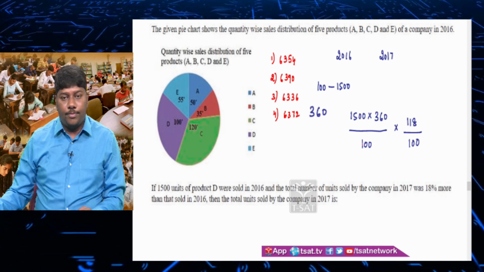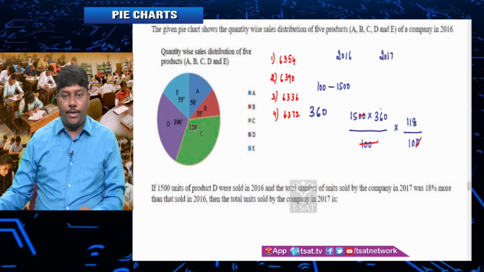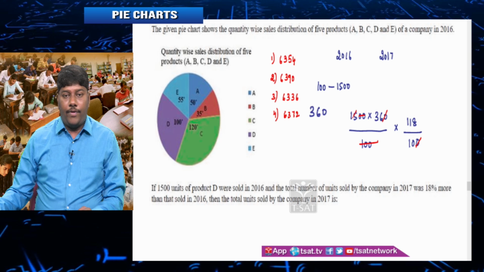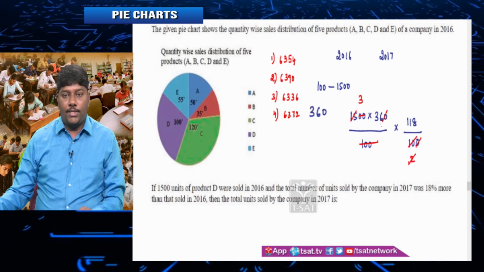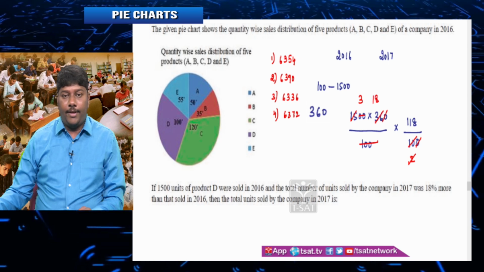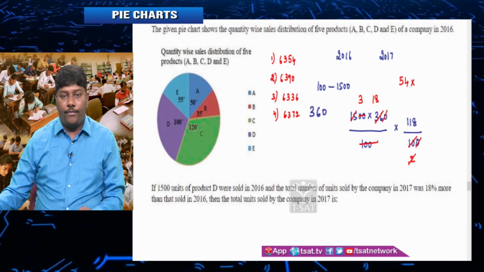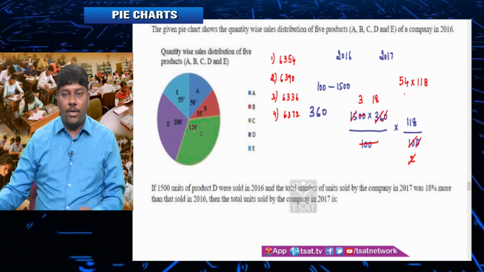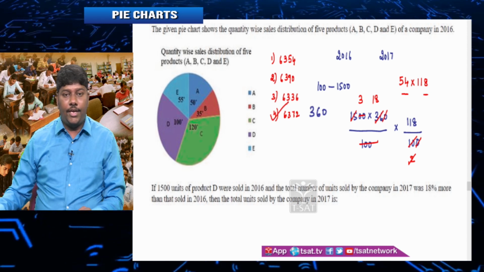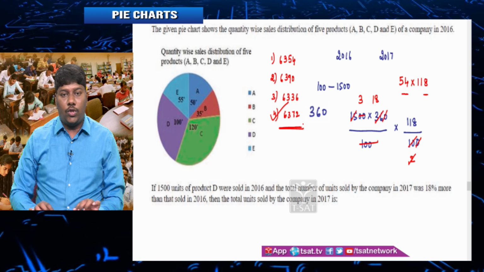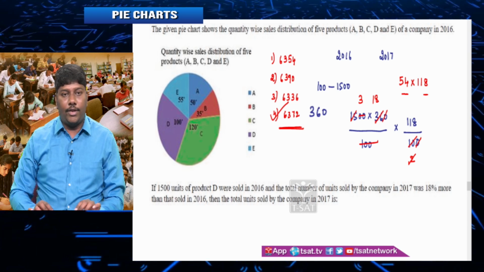Zeros cancel. 5 3s are, 5 2s are, 2 1s are 18s. So finally I am getting 18 3s are 54 into 118. Whenever you get these kinds of products, 4 into 8, 32. So the unit digit is 2. So therefore the answer is 6372.